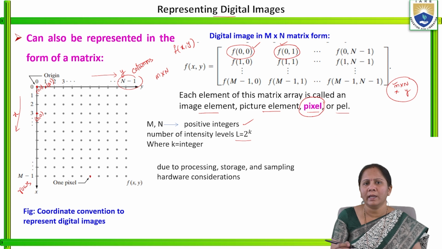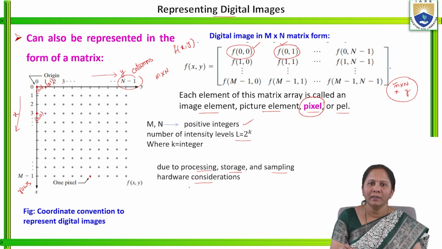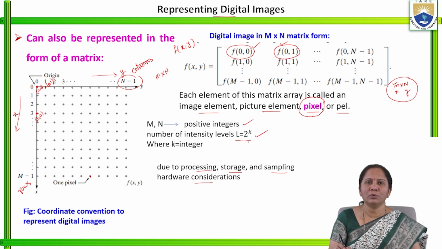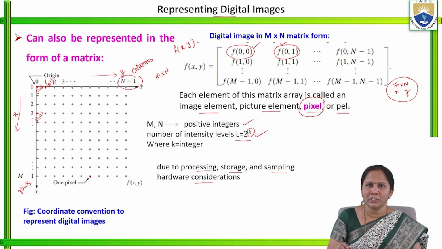We cannot take the L value as we like, and we cannot take L as infinite, because of considerations like processing, storage constraints, sampling and hardware. It should follow some limited constraints, and its size should be L is equal to 2 power k, where the value of k is an integer.